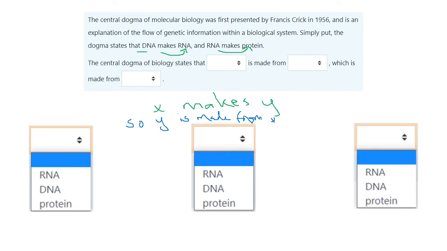It's making it into the passive tense instead of the active tense. So protein is made from RNA and RNA is made from DNA. So in the first box, we would say protein. Protein is made from RNA and RNA is made from DNA.